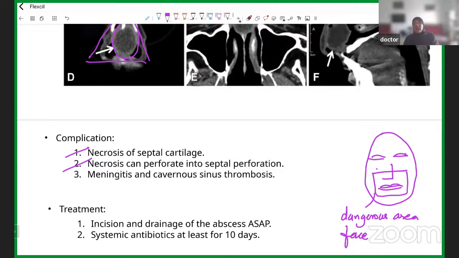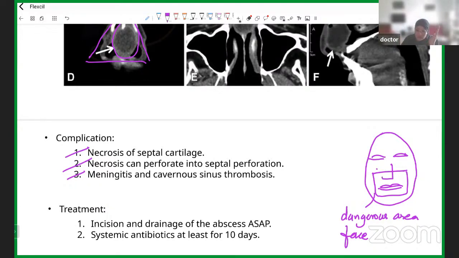So if there is an abscess formation in any of these structures and it stays there without getting treatment, it will travel through the cavernous sinus and can cause cavernous sinus thrombosis or meningitis. That's why it is called the dangerous area of the face, because it is connected to your cavernous sinus.